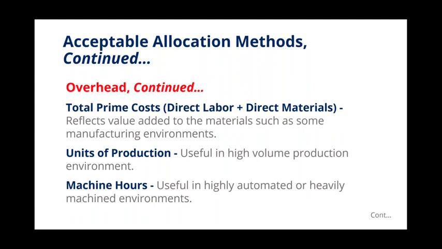Similarly with machine hours, in a situation where I maybe have a highly automated or heavily machined environment. If you think about a situation where something is on a lathe or some other type of machine for an extended period of time, but I can measure that time and I know the cost of operating that machinery, this method can be very helpful.